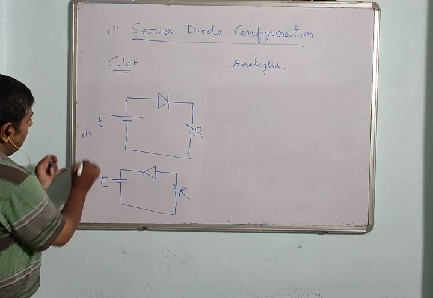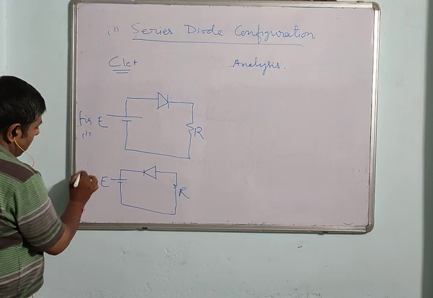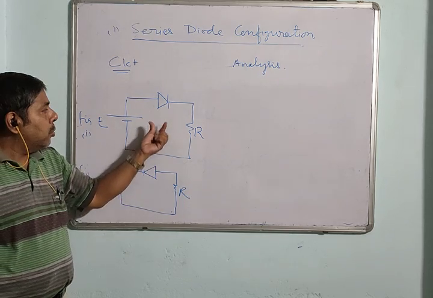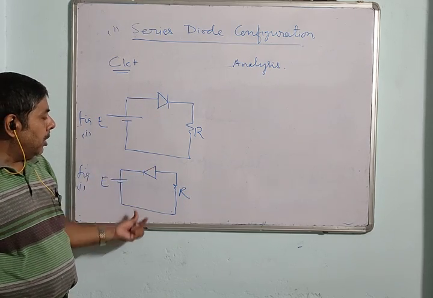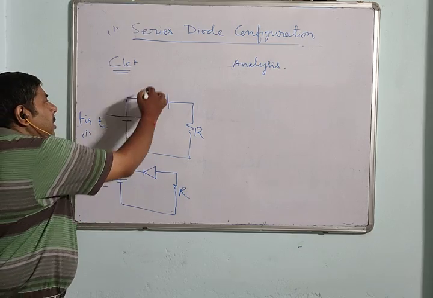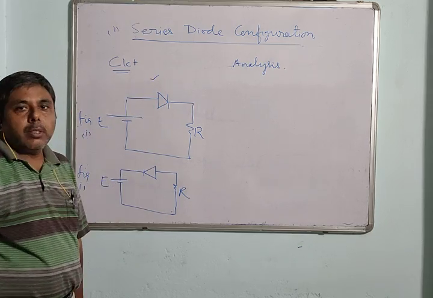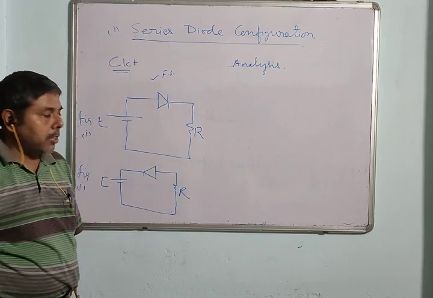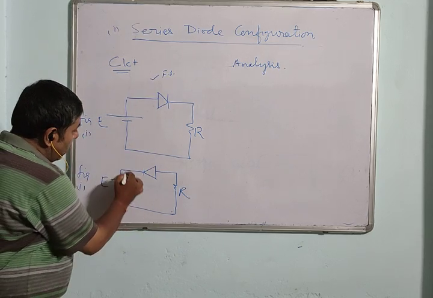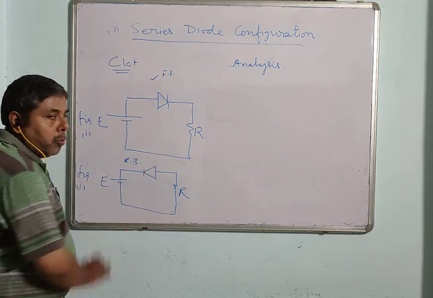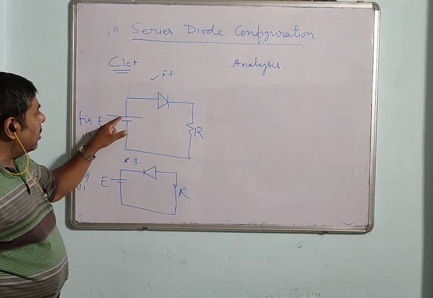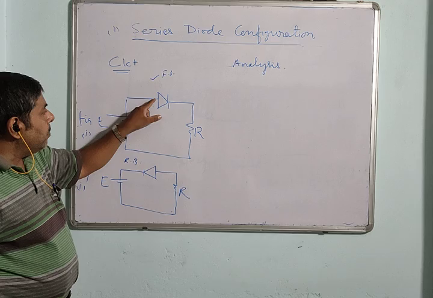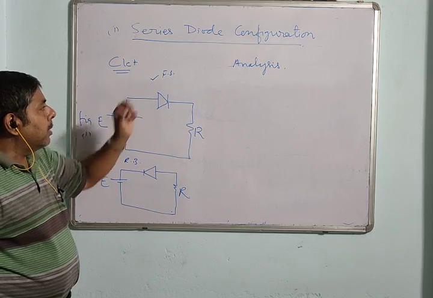This is figure 1, this is figure 2. What is the difference between these two configurations? In this circuit, this is the forward bias configuration. And this is the reverse bias configuration. Why? Because positive terminal of battery is connected to p-type semiconductor. That's why this is forward bias.